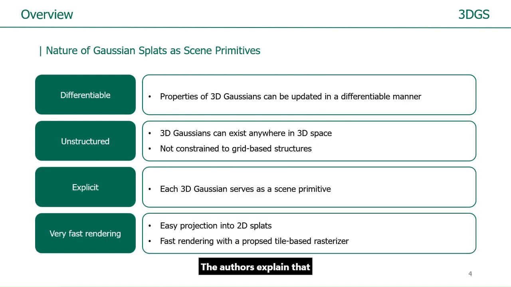The authors explain that using 3D Gaussian splats as scene primitives provides several useful properties. First, the representation is differentiable. The properties of 3D Gaussians can be updated in a fully differentiable manner during optimization.